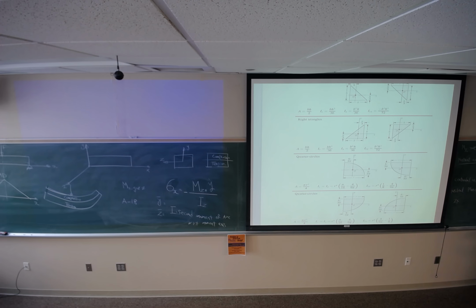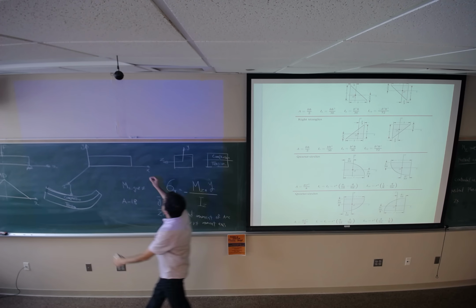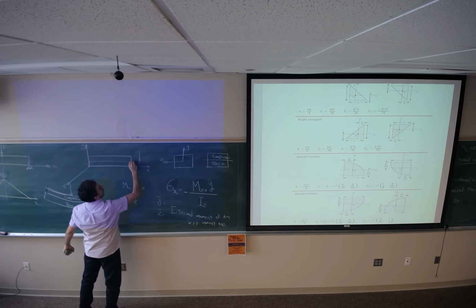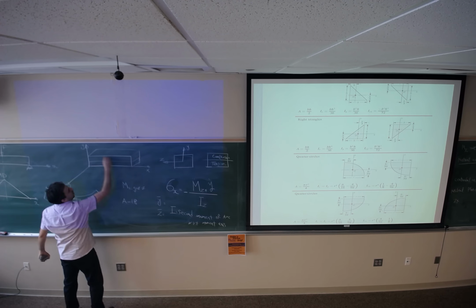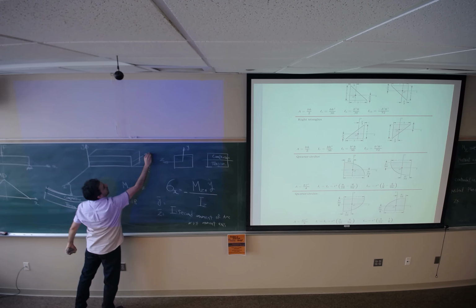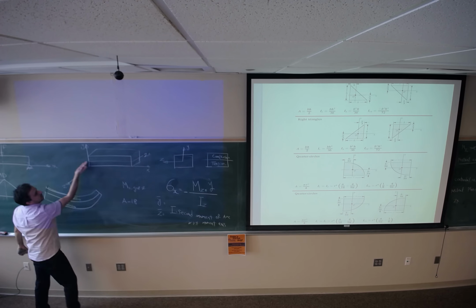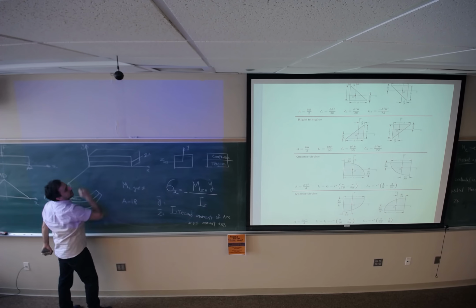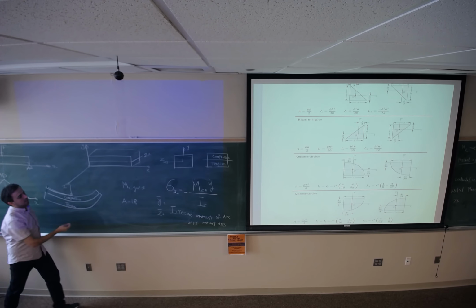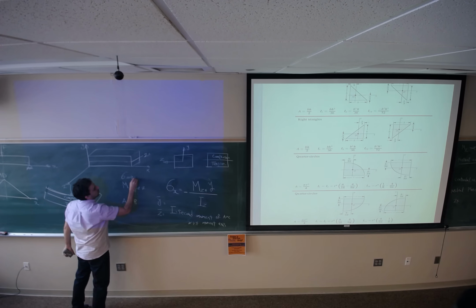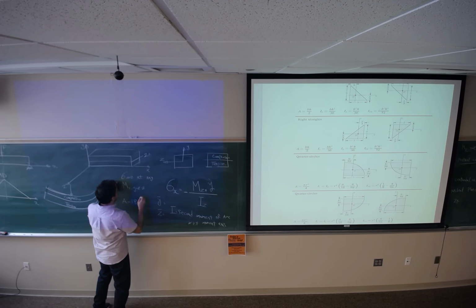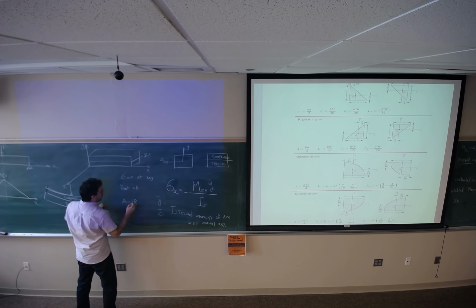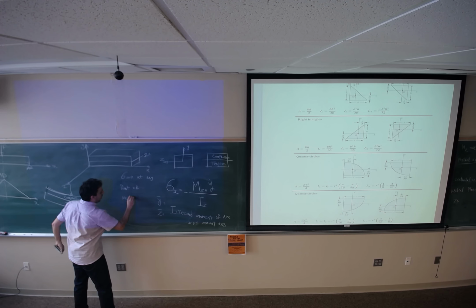It goes all the way through the middle of the beam. So any point in this plane is going to see normal stress equal to 0. Sigma equals 0 at any point of the neutral plane.